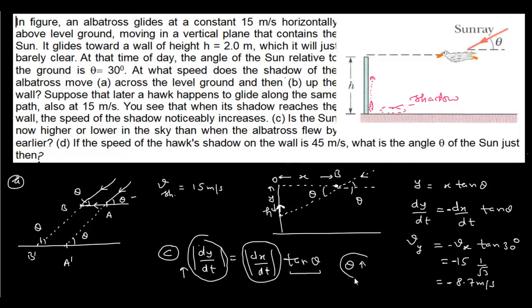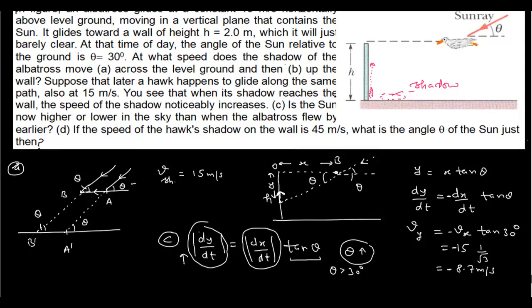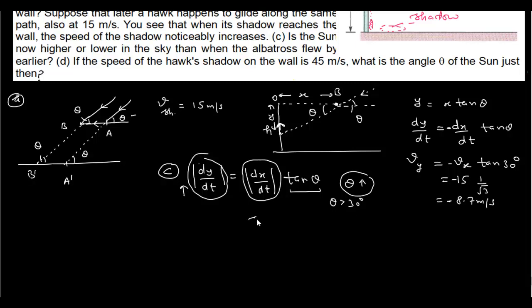Clear? So from here we can say that in such a situation theta will definitely be greater than 30 degrees, and the sun is higher in the sky. Clear?